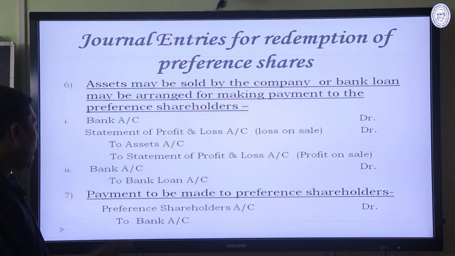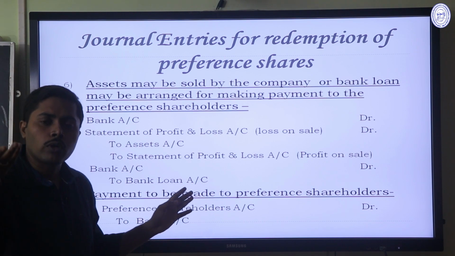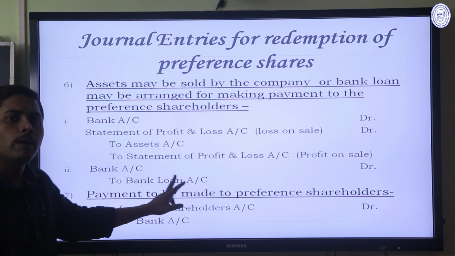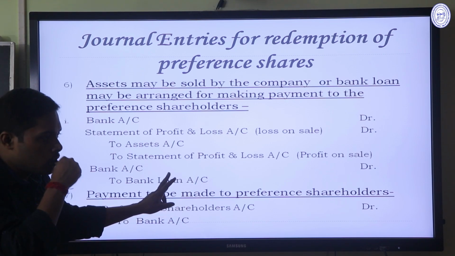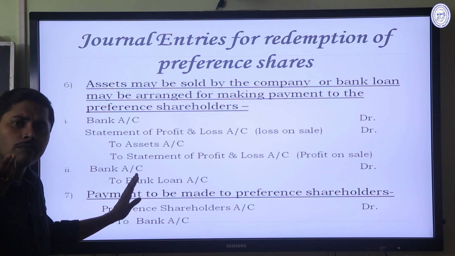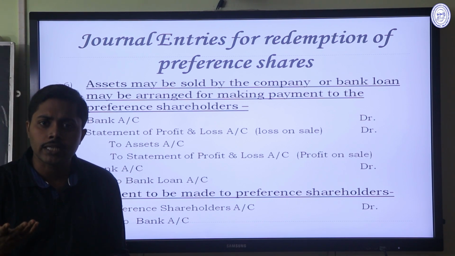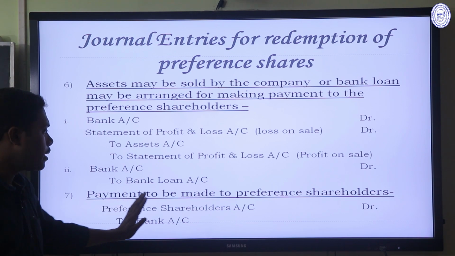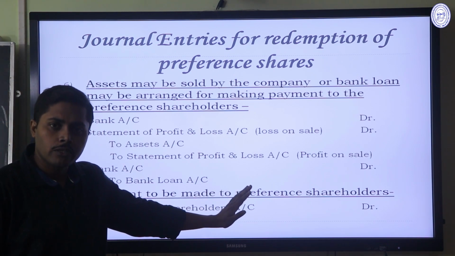And if you think you can raise bank loan for this purpose, the entry will be bank account debit to bank loan account. Sorry, you may issue debenture, in that case the entry will be bank account debit to debenture account. And finally, you have to make a payment to the preference shareholders.